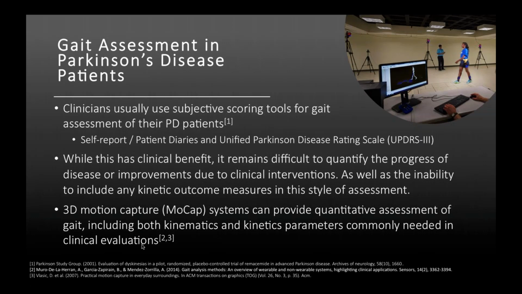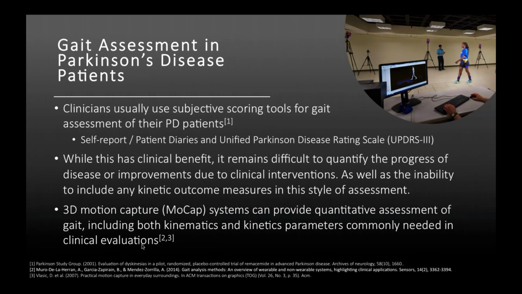Up to today, this is how clinicians evaluate their patients over time. This is fine, yet we cannot quantify the progress of the disease. And if there's a clinical intervention, we cannot quantify the improvement because of this intervention, nor can we quantify or measure kinematic and kinetic outcome measures using those subjective measures.